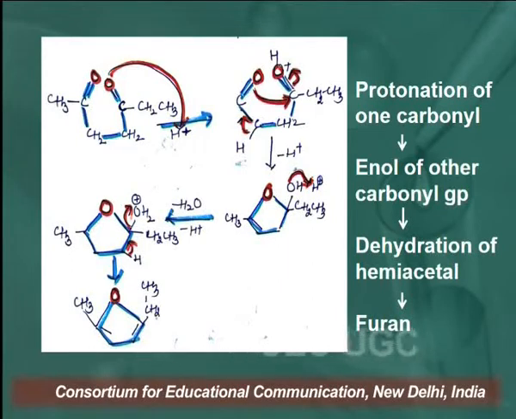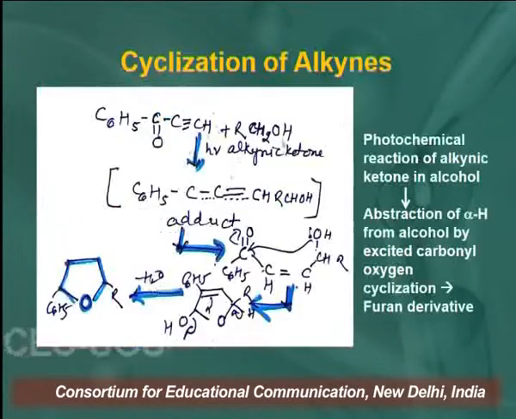After that it is converted into a hemiacetal structure, and from the hemiacetal, removal of a molecule of water by dehydration finally gives a furan derivative. So this is the mechanism of the Paal-Knorr synthesis by which we can synthesize furan.